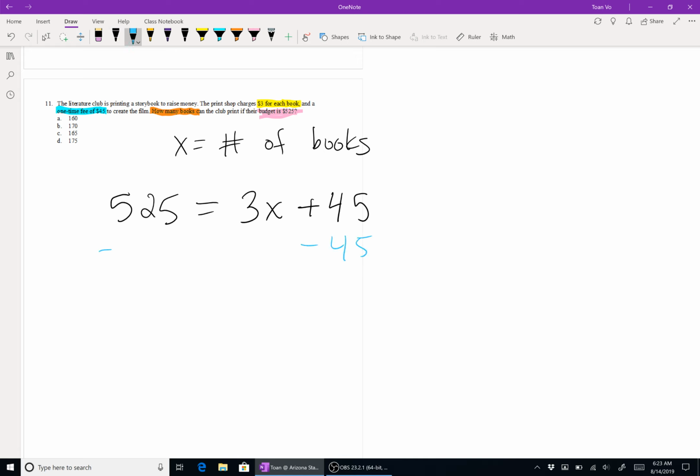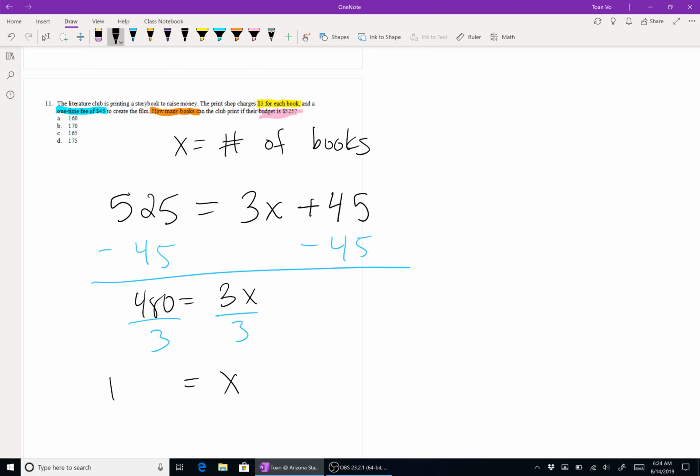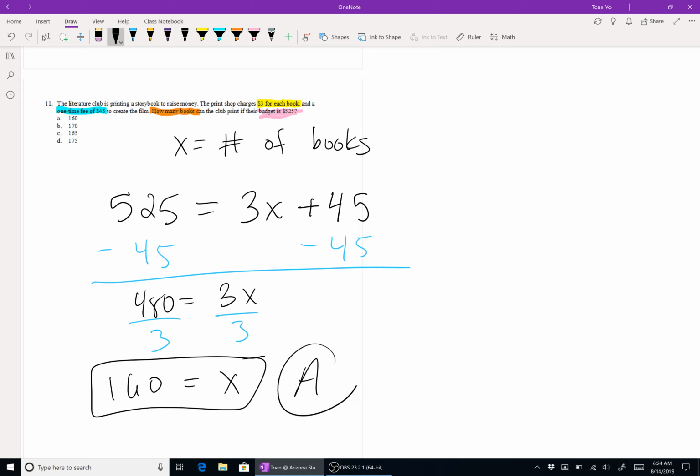Minus the 45, minus the 45. That's 480. And then divide by 3. So you get x equals 160, which, since it's multiple choice, is choice A.